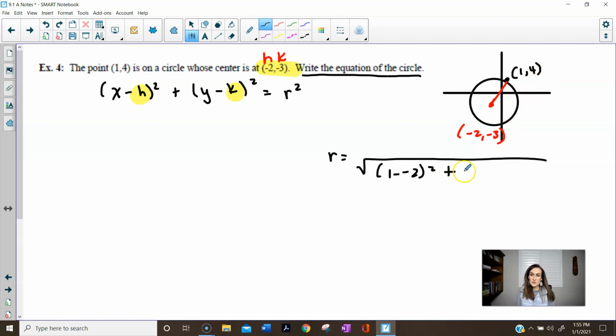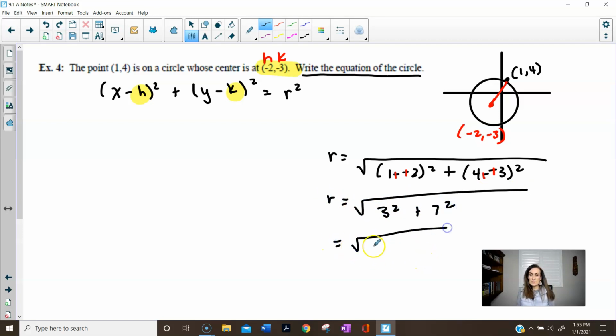So 4 subtract -3 squared. The negative is a plus on both of those. And then we'll just simplify that. So the radius is the square root of 3 squared plus 7 squared, which is the square root of 9 plus 49. And remember, don't take the square root. You have to add them together first. So that's the square root of 58.